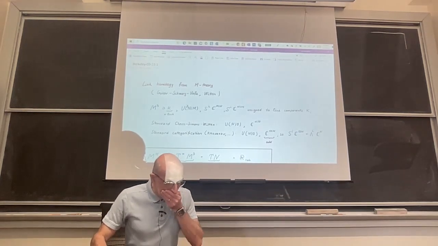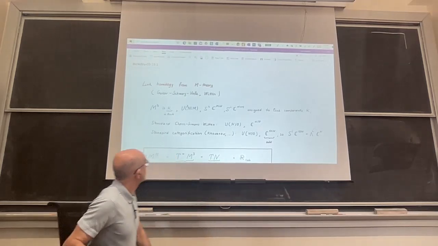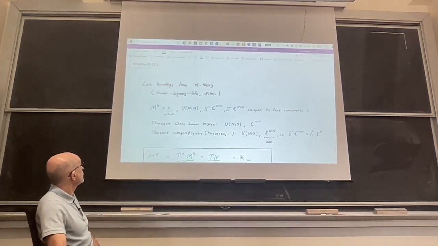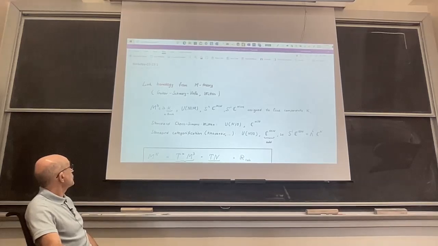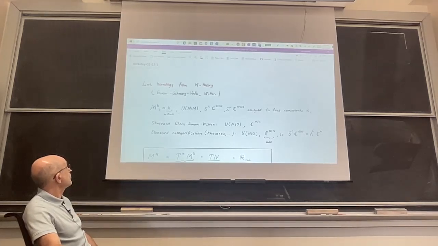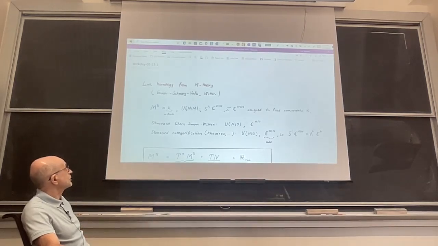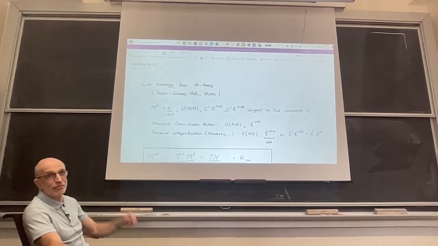Let me remind you the standard construction of link homology. You begin with a link in a free manifold, and you want to categorify Witten-Reshetikhin-Turaev invariants corresponding to a supergroup. You have two types of defining representations, C^(M|N), where M is even, N is odd, and C^(N|M), where they're reversed.